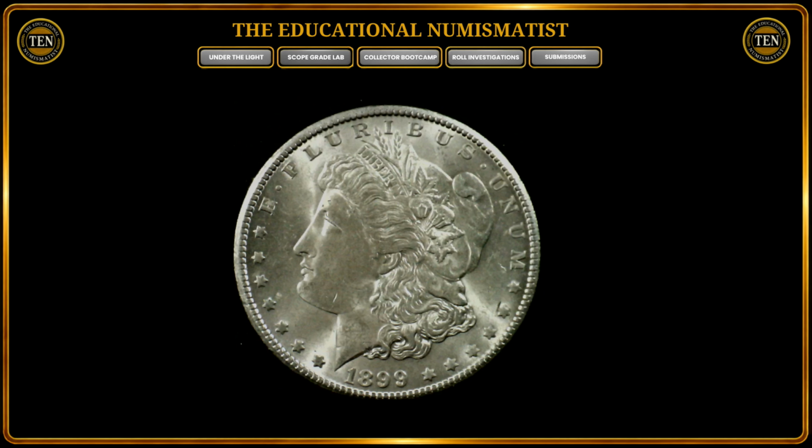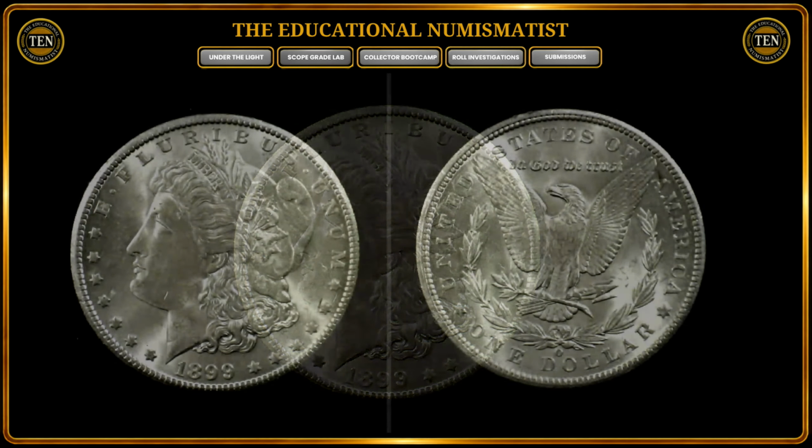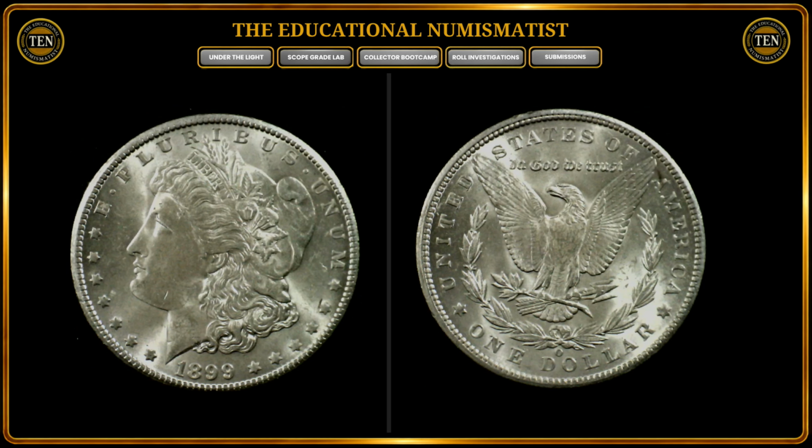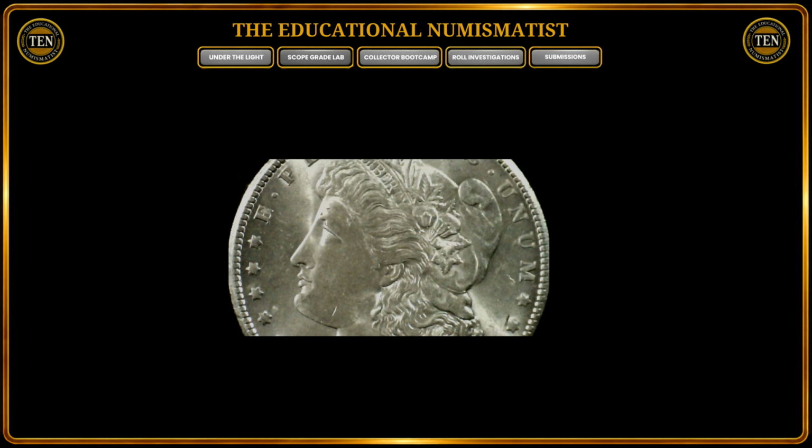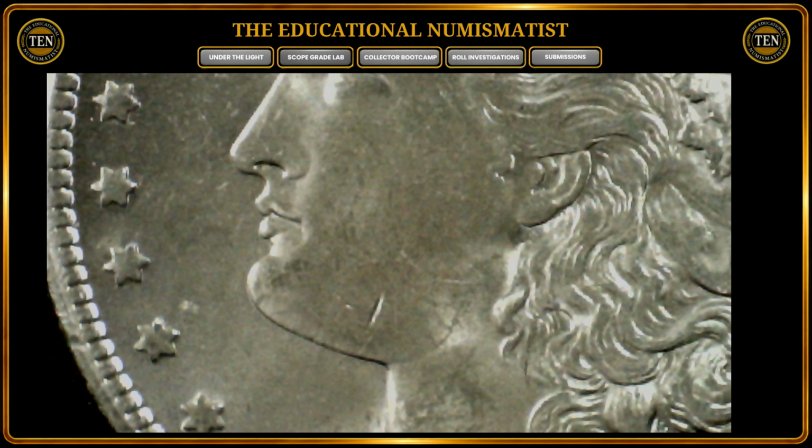That resolves the first disagreement, but it does not produce one inevitable mint-state number. Two graders could both agree that this coin is uncirculated and still finish a point or two apart. One might judge the contact marks more severely, and another might place greater weight on the amount and quality of the remaining luster.